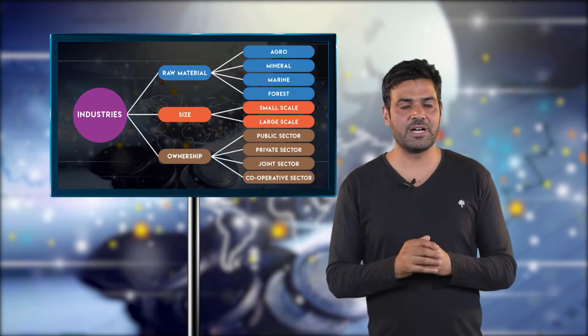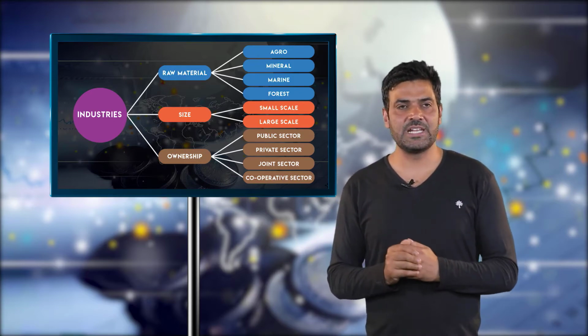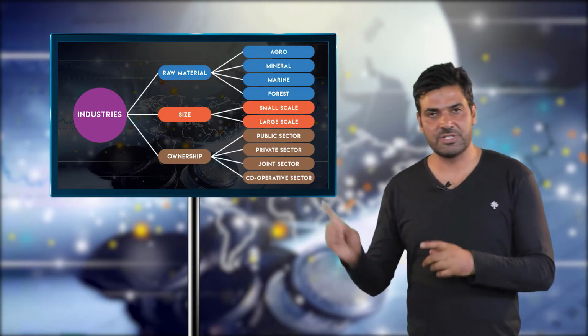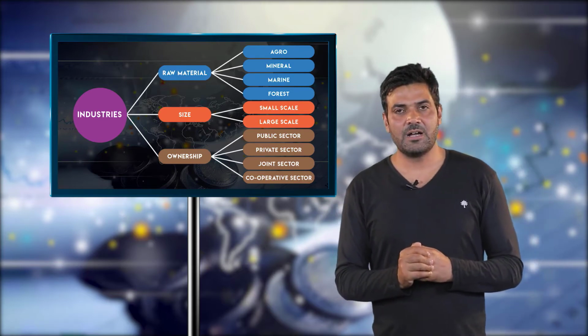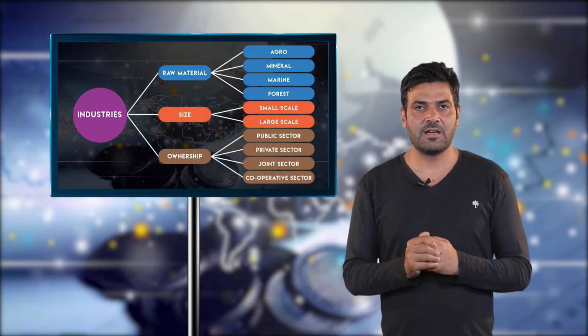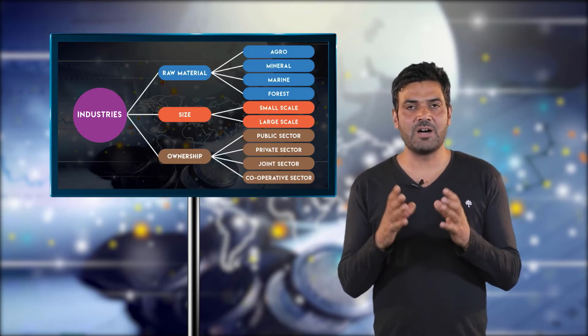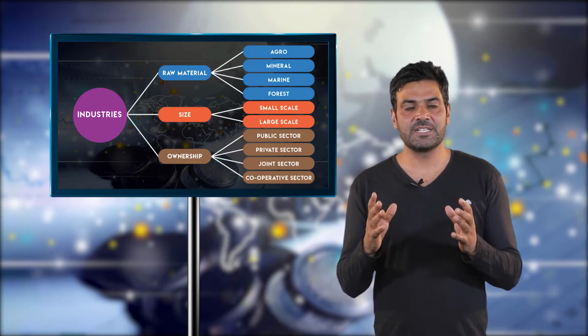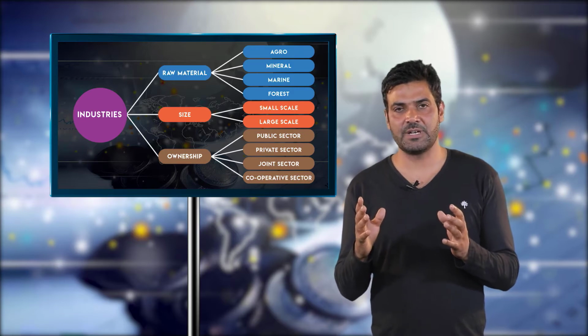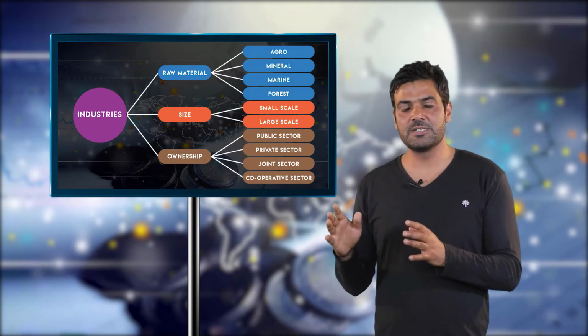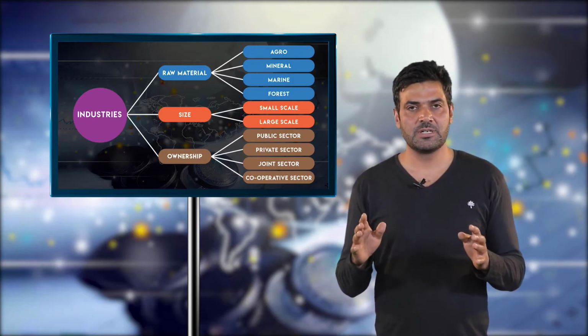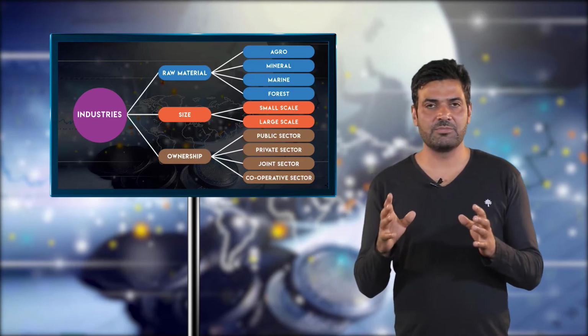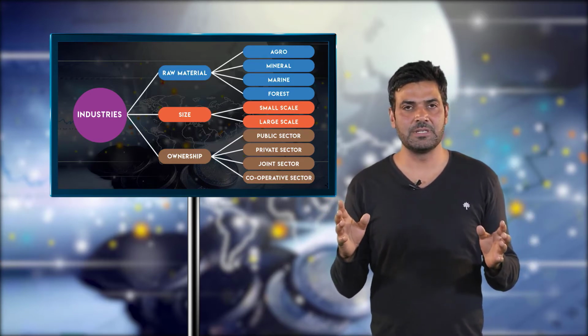Now talking about the large-scale industries. Large-scale industries use a huge amount of capital, the technology used is very superior, the production is very huge, and they employ a good number of people.